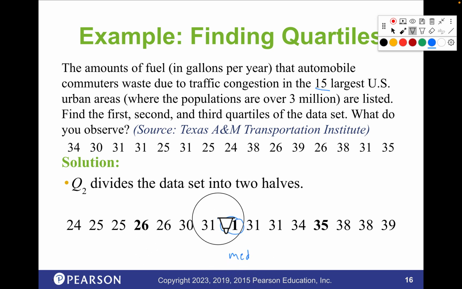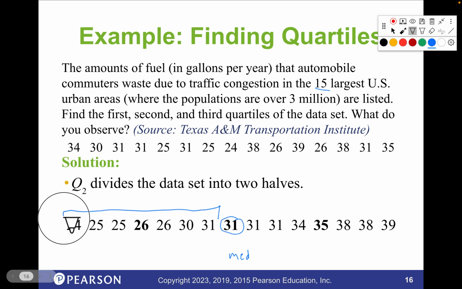And then to get the first quartile, we take the bottom half of the data, and notice it's 7 pieces, so it's still odd. So the 26 is our lower median, if you want. So that's quartile 1.